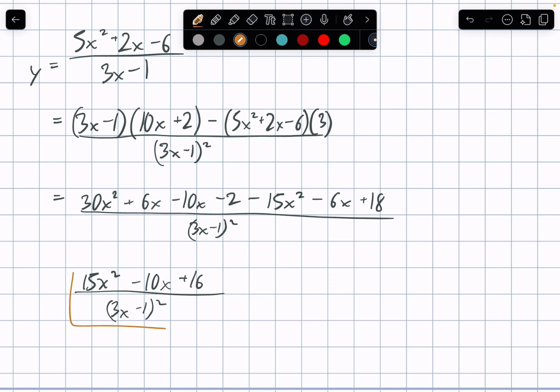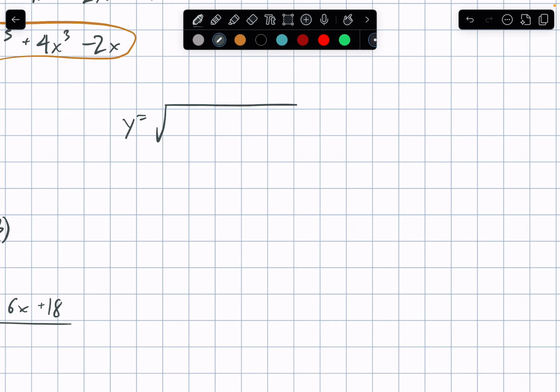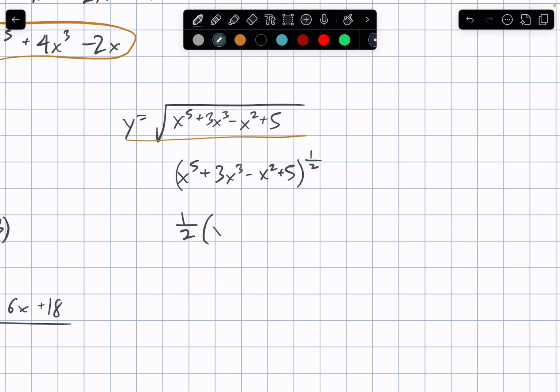Okay, next. Okay, radical sign protocol is we transform it to exponential form like this, and then power rule. And then derivative of what's inside.